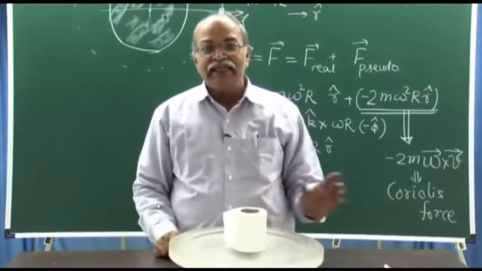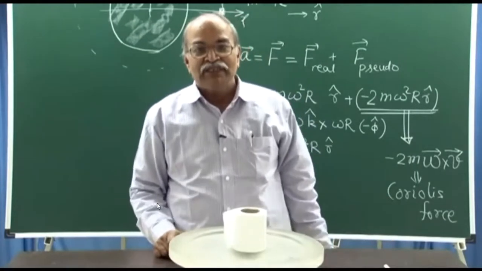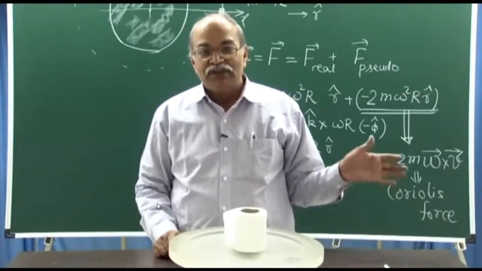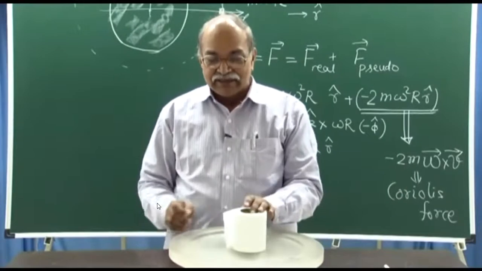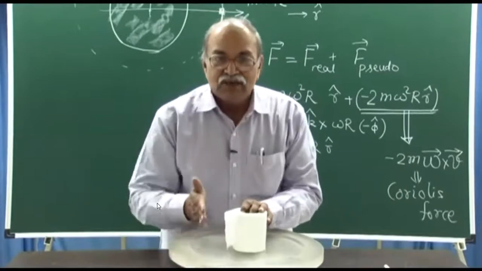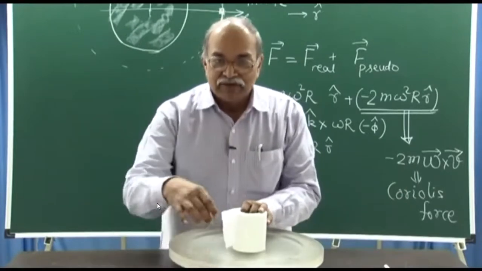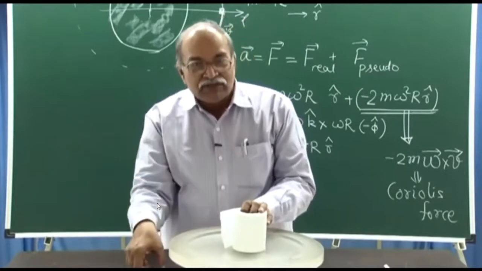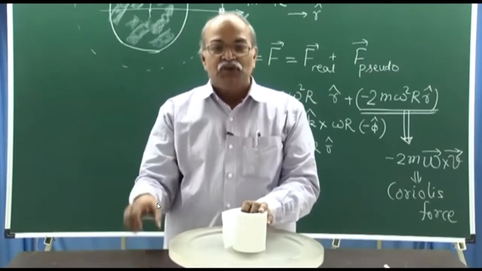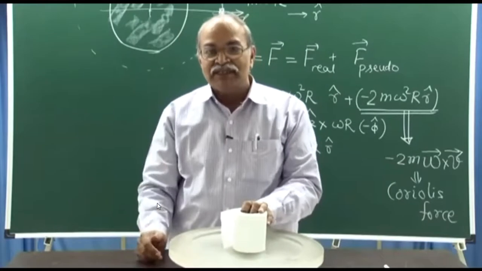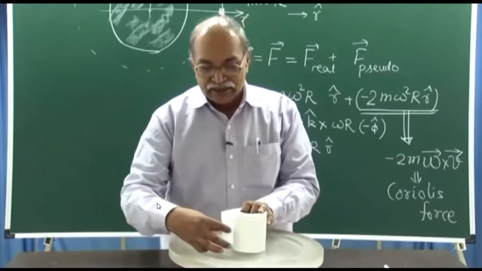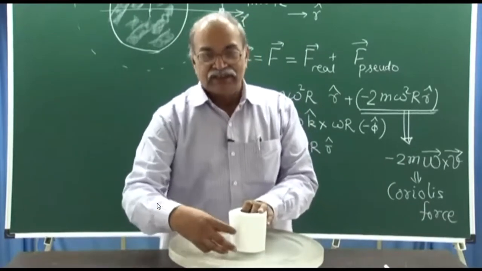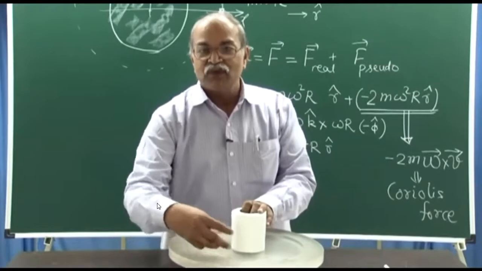And then again this minus 2m omega cross v Coriolis force acts, and that force is towards this direction. So the force is like this and it does not open up.